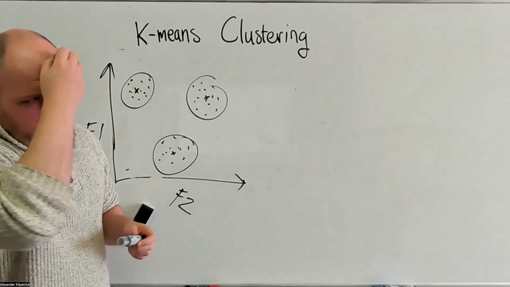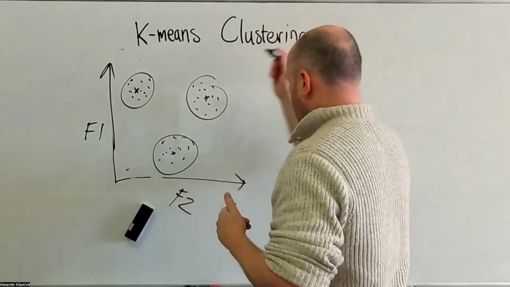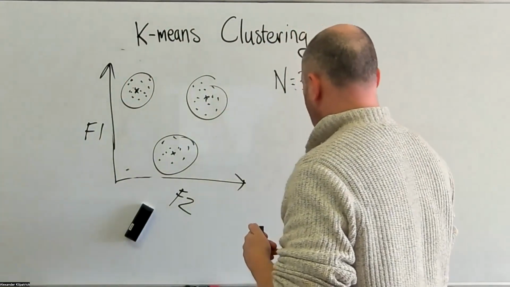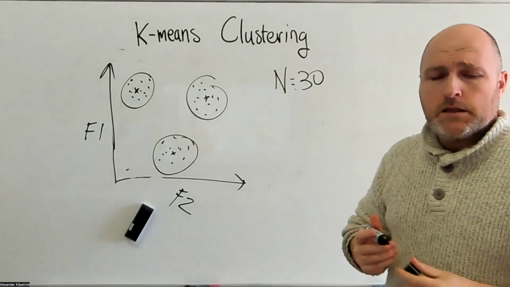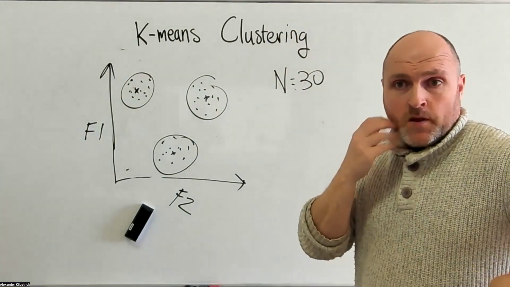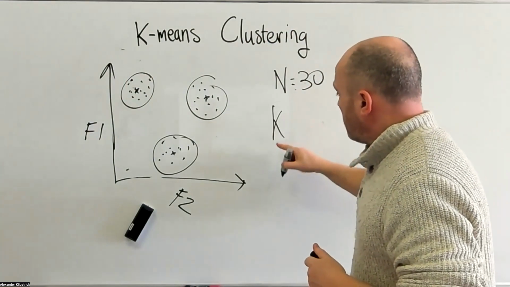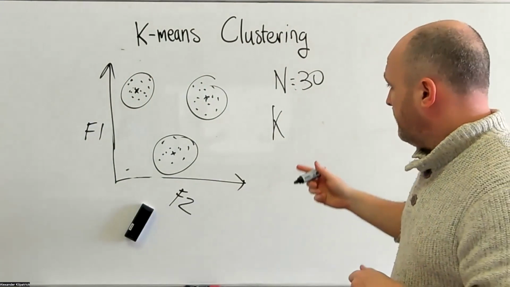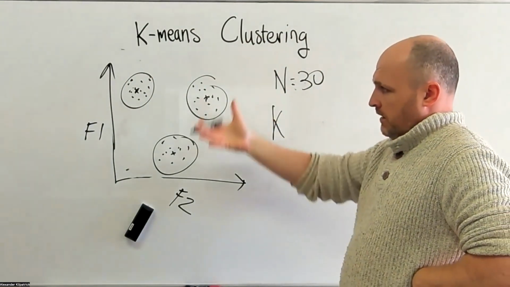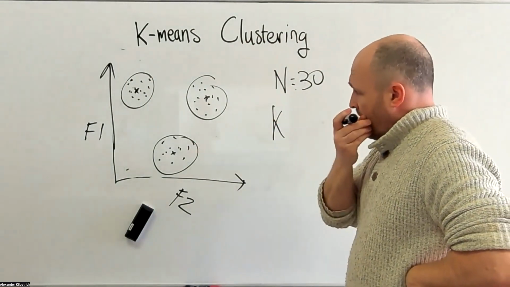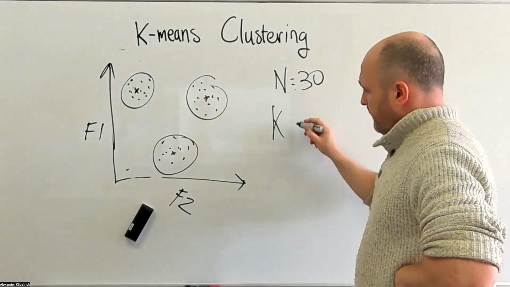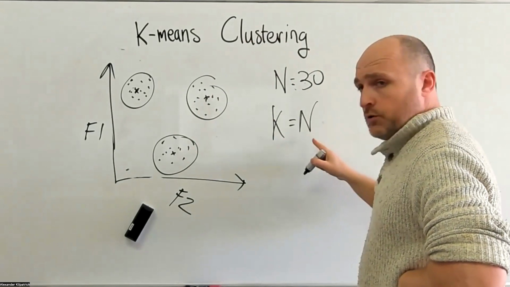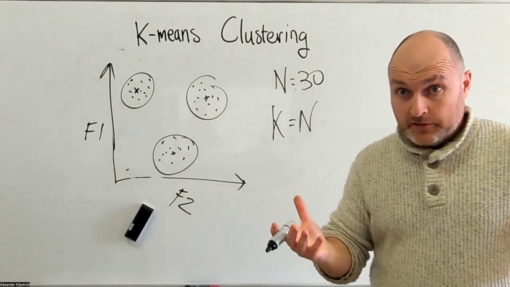Now, in this data set, let's pretend we have 30 samples. And we're thinking about least squares. K stands for the number of clusters that you're going to be using in your analysis. Now, if n equals 30 and k also equals 30, so if k equals n, then that's the least squares, right?